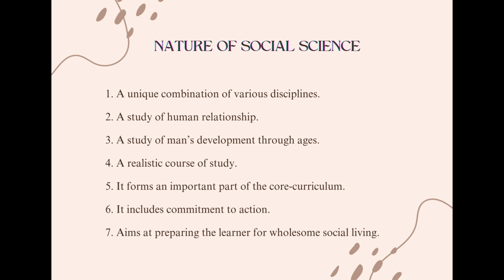And let me give another example in the communication field: from cave paintings to handwritten letters, then to emails, and now we have instant messaging. From this, it is evident that social science helps us to study and appreciate the transformation which man has had. That's why we say social science is the study of man's development through ages.